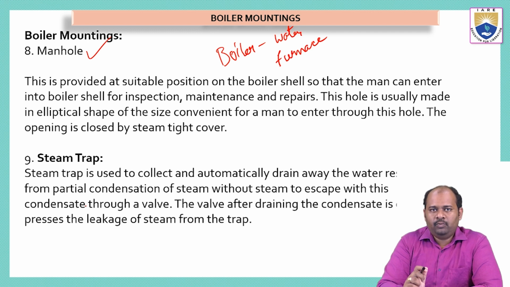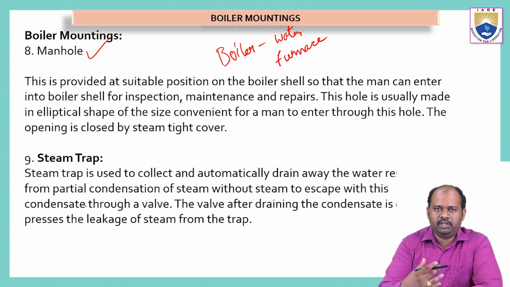Whenever we are producing steam from water, the steam will be generated, and the steam can be used for any application by removing it. Sometimes, when the steam is condensed, it will be converted into water. Now this extra water should be drained by using this steam trap, which is connected to the surface of the boiler.